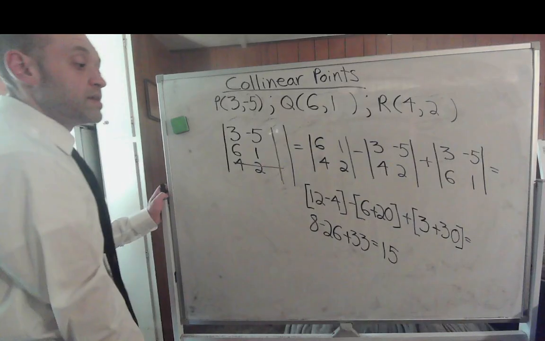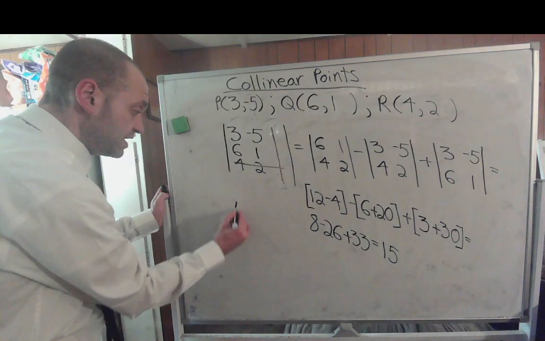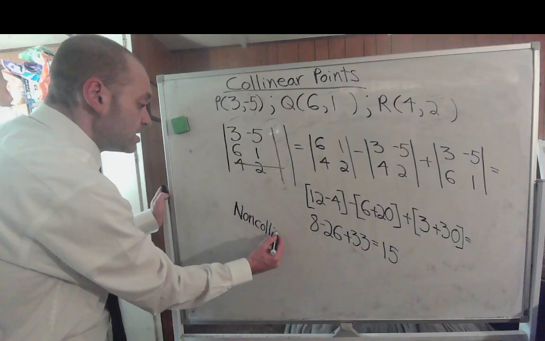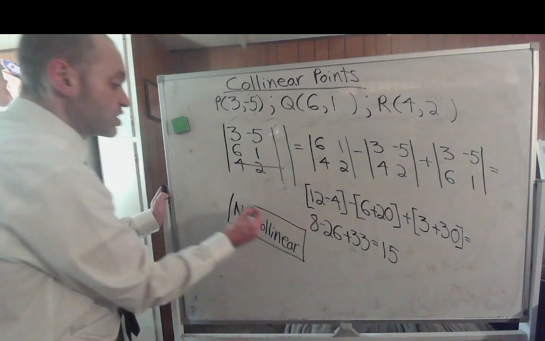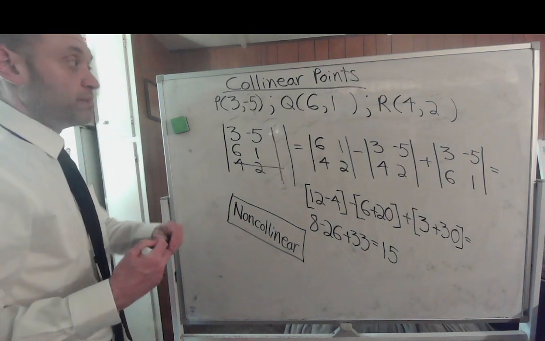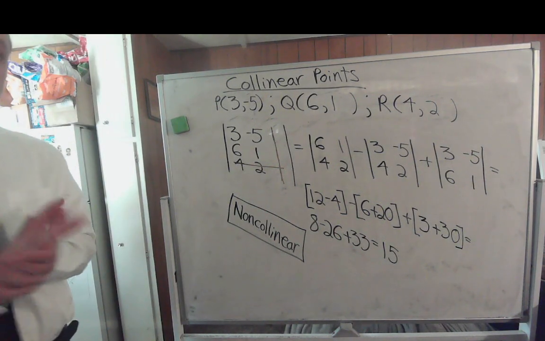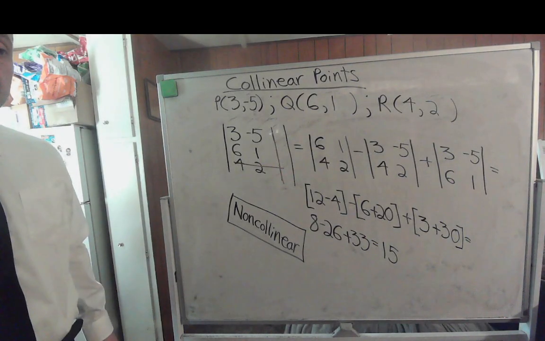Well, you got something other than 0. The value of the determinant was 15, so these are non-collinear points. Because you got a determinant value other than 0, they are non-collinear. So that's how that works for finding collinear points.